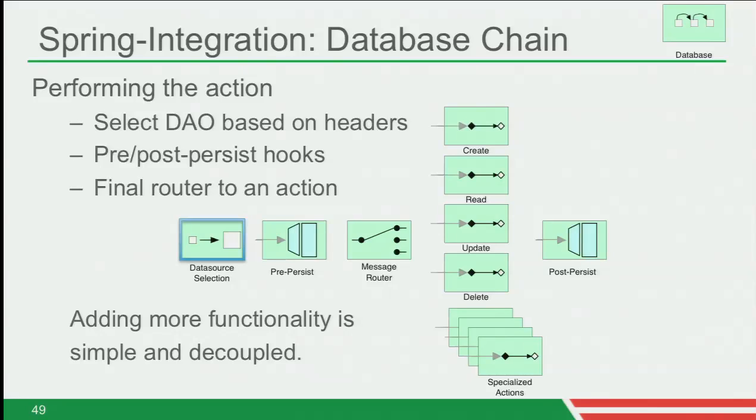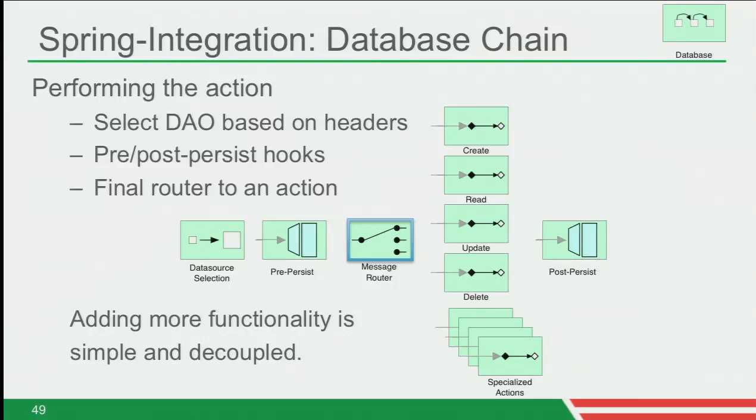It's the fact that we've extracted data source selection to the front of this chain that lets it get routed and flow through the rest of the system, and it's a nice abstraction for extending this. So it's very powerful that it's in that spot.